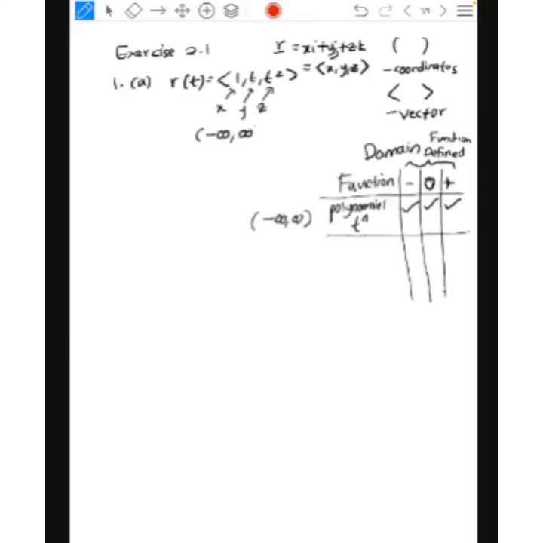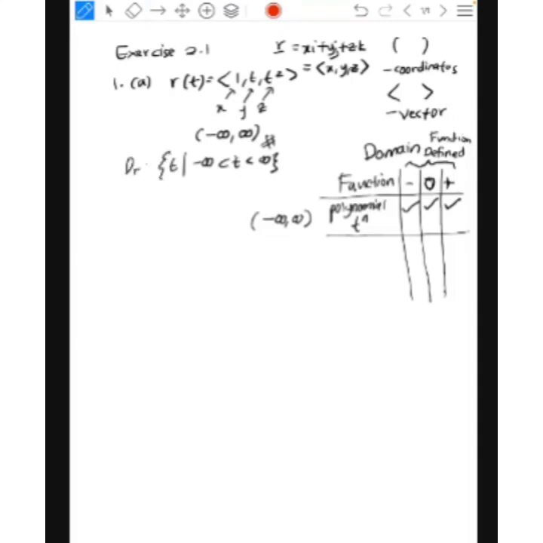So how do you write a domain? You may write it in terms of an inequality like this, or you may write it in bracket form like this, negative infinity to infinity. The domain of r is equal to negative infinity until infinity.